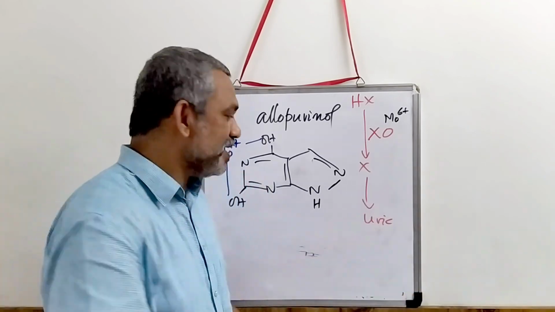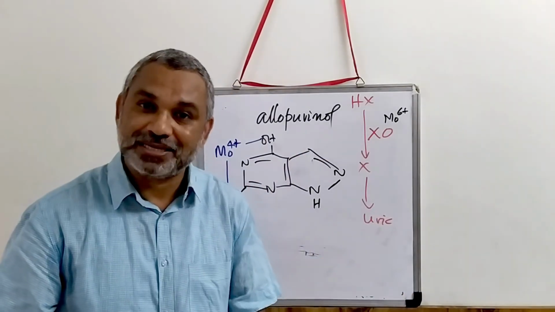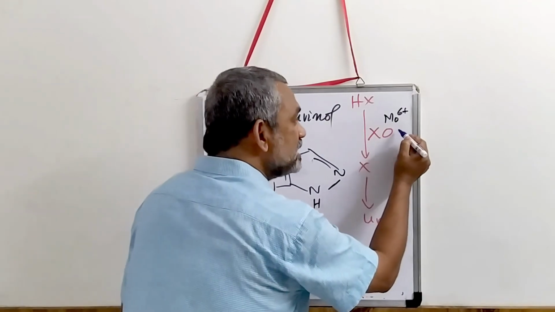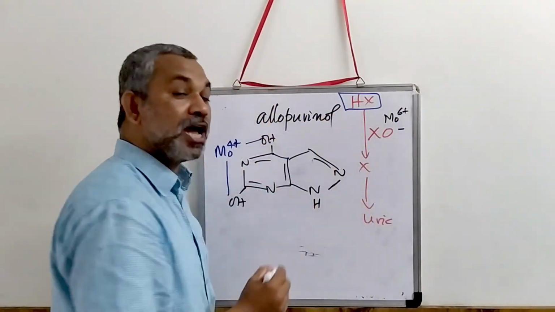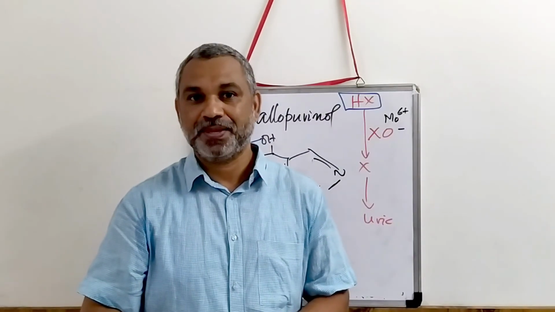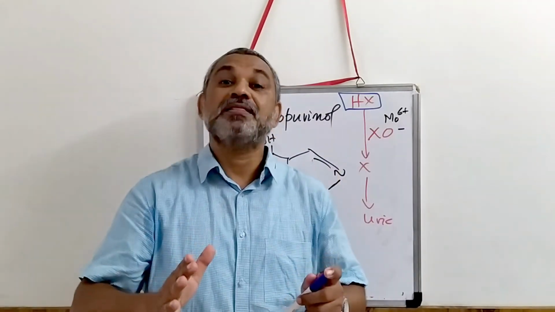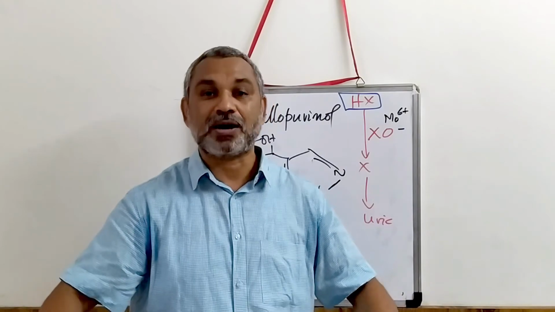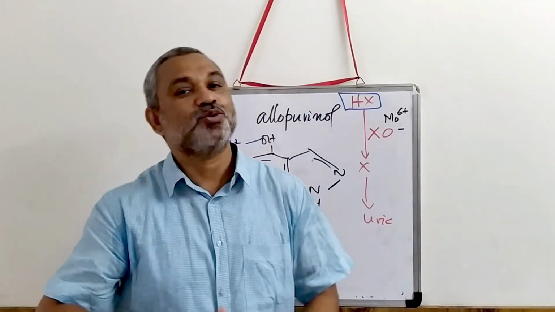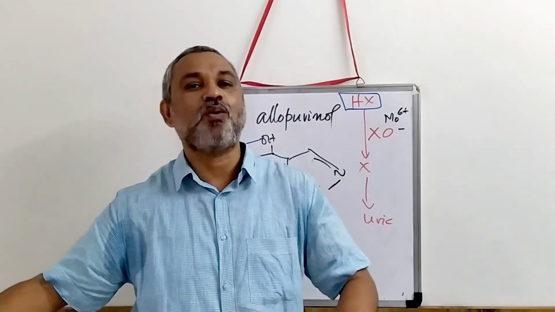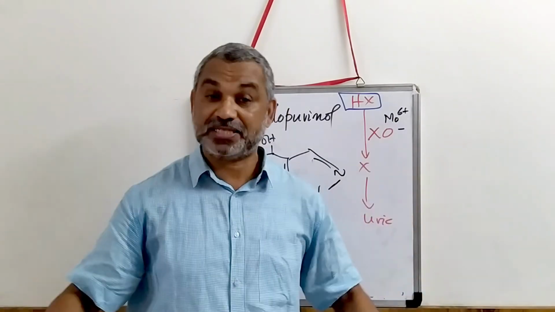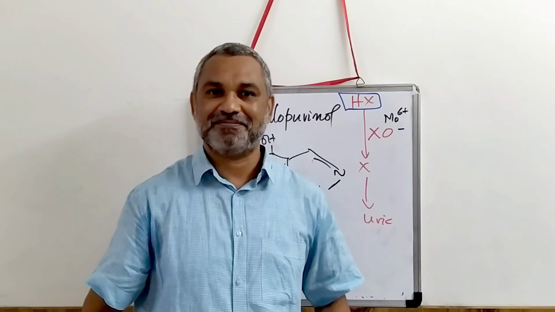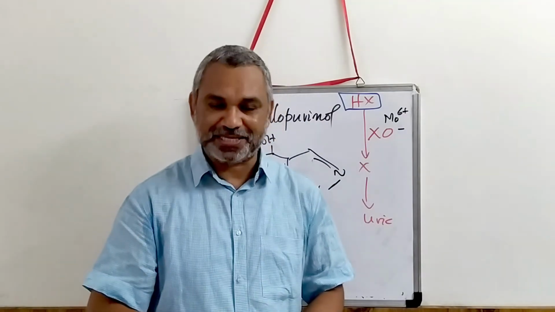This is one way by which allopurinol acts. What happens if this enzyme is inhibited? Hypoxanthine gets accumulated. Hypoxanthine is more soluble in water than uric acid, so it will be dissolved in water and excreted through the kidneys, in our urine. That is one of the mechanisms.